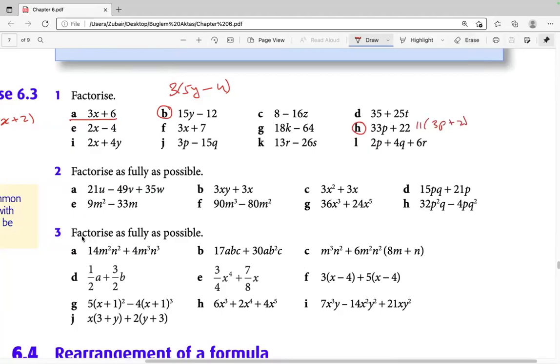That's correct. D part. 5 into 7 plus 5t. Correct. K part. 13 into r minus 2s. Correct.